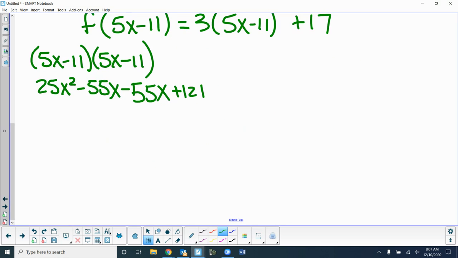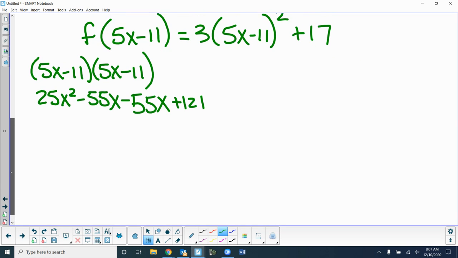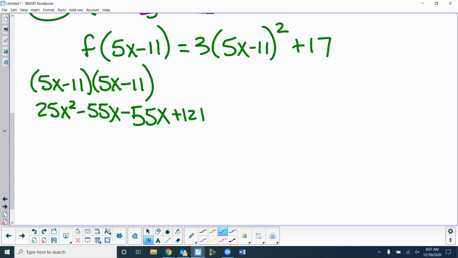Okay, so combining like terms there, simplified a little bit, would be 25x squared minus 110x plus 121.